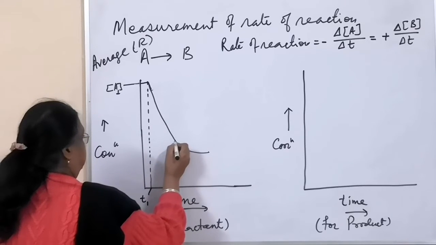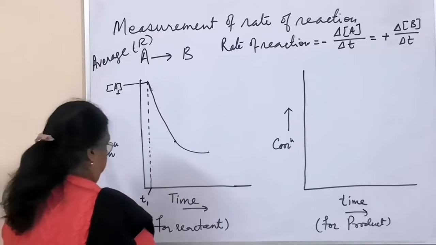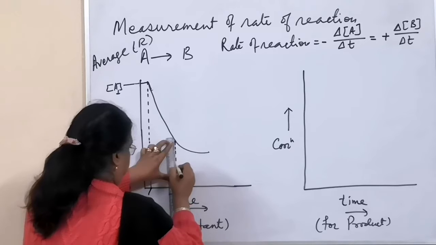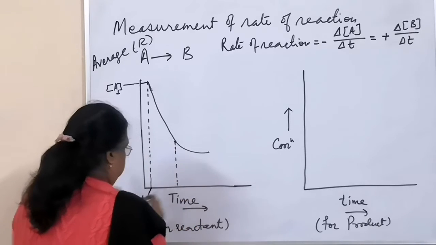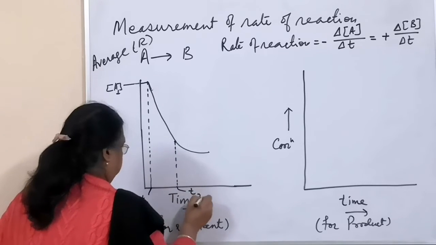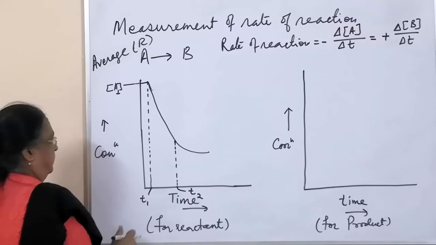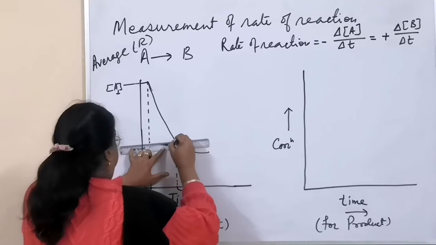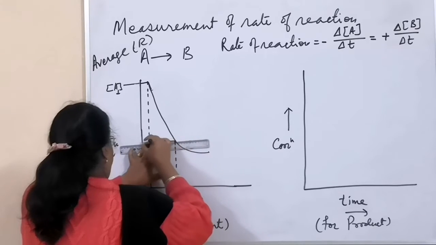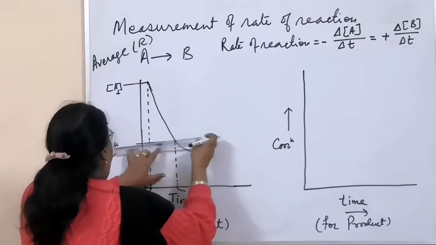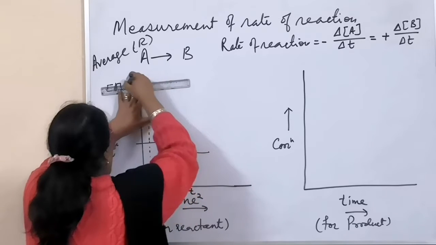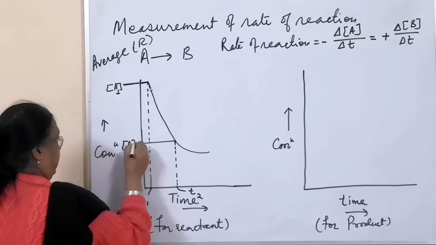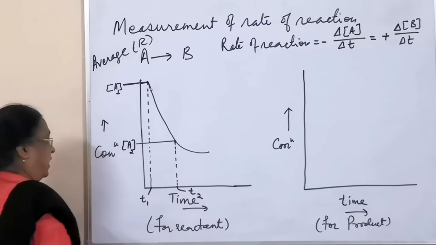Now suppose at this particular point, this is time T2, which is the final time, and this is the concentration of A that is final, so A2.